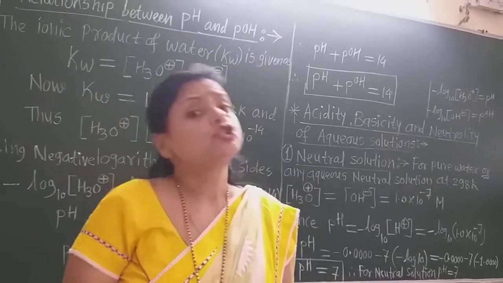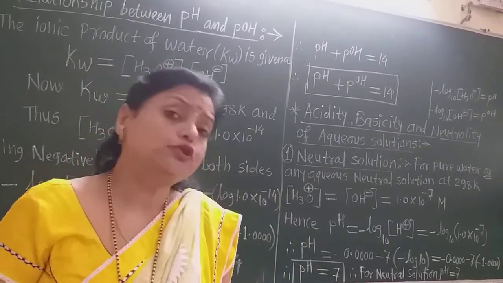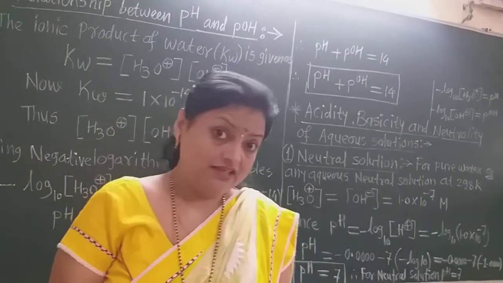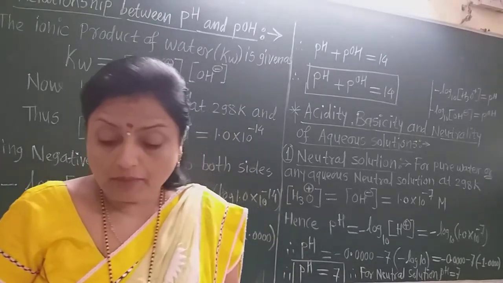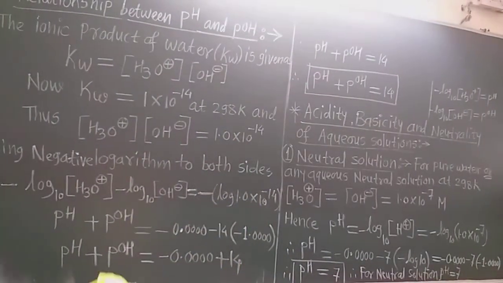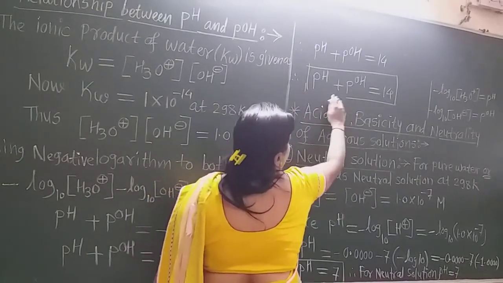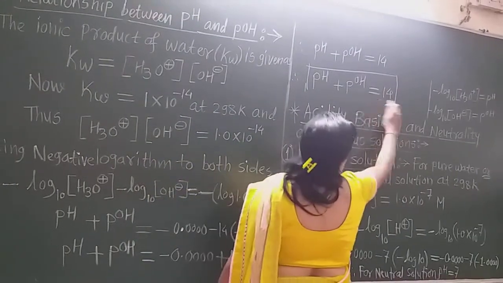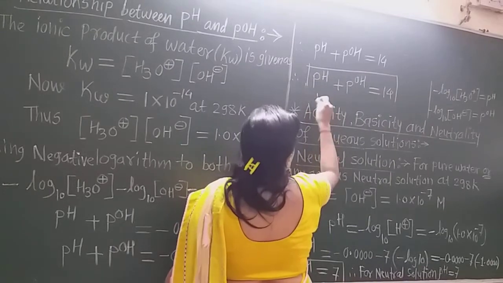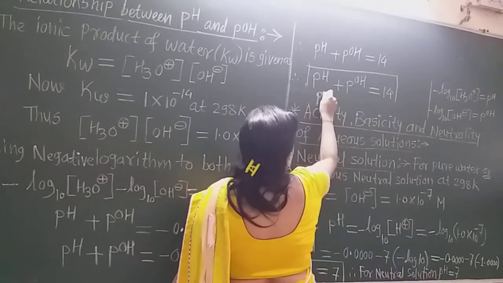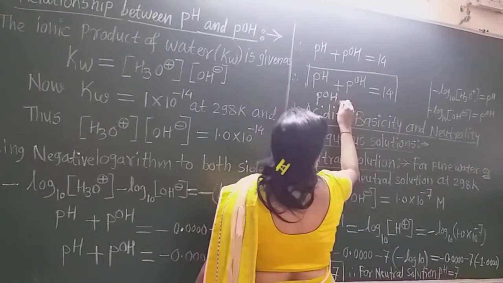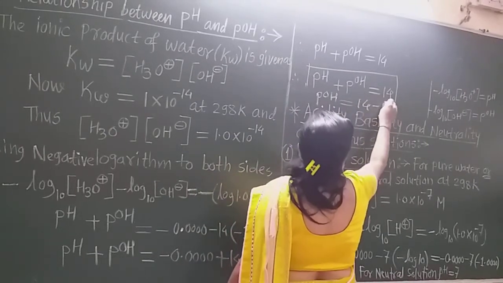Remember that. Suppose the pH of the solution is 10. Then what will be the pOH? How do we calculate that? Just write pOH is equal to 14 minus pH.